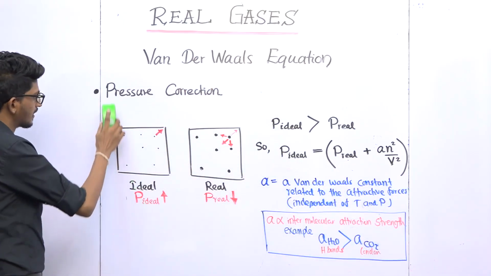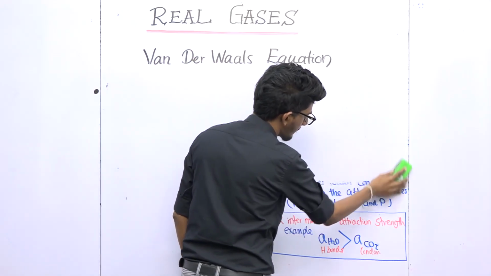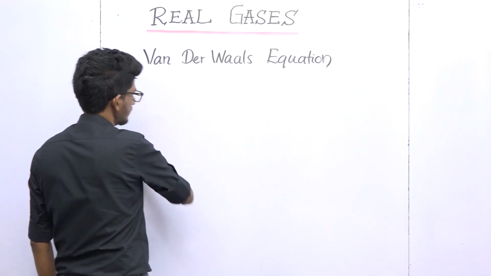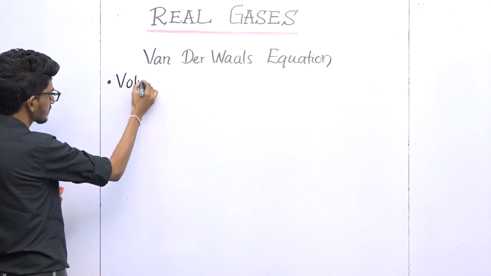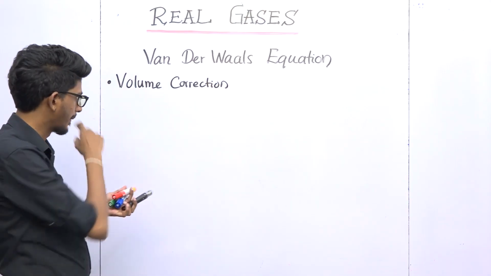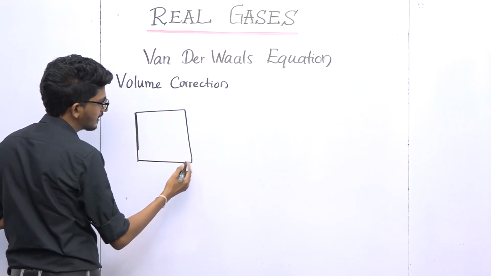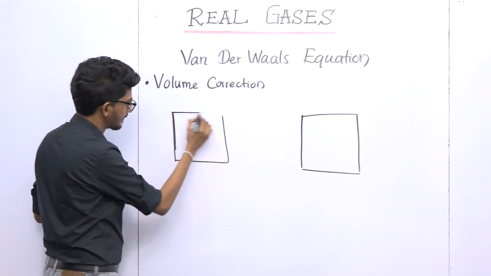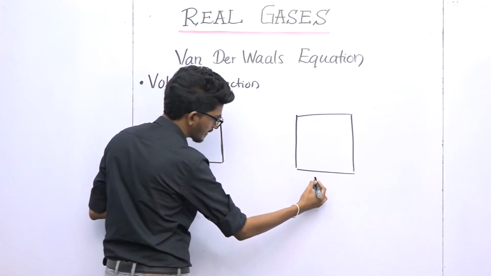Okay, right. Let's discuss the volume correction now. The idea is, if you are considering an ideal gas and a real gas, this is the ideal gas, and this is the real gas.